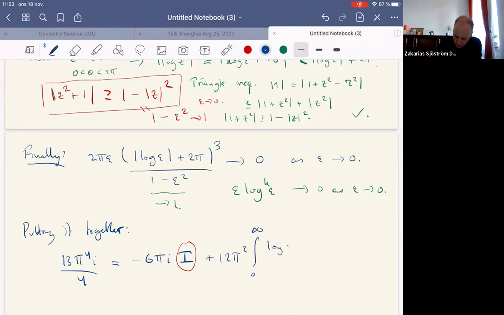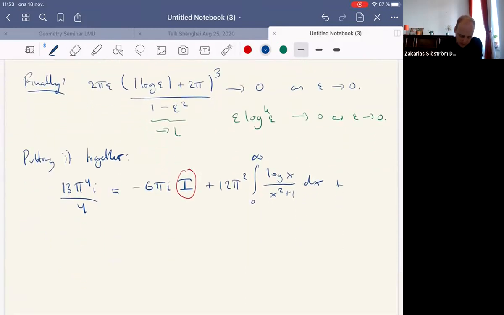So let me still write this one, even though I remarked that it had to be 0 because of this abstract argument. Plus 8 pi cubed i integral from 0 to infinity of dx over x squared plus 1. Okay, so we had this and then plus 0, which was the contributions from the large circle in the limit, and this was the limit of the integral along the small circle.